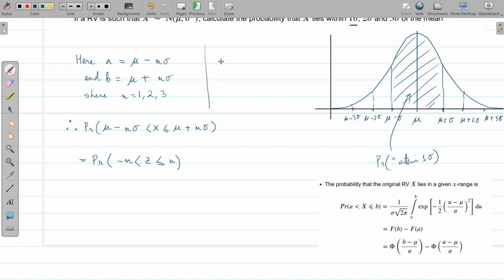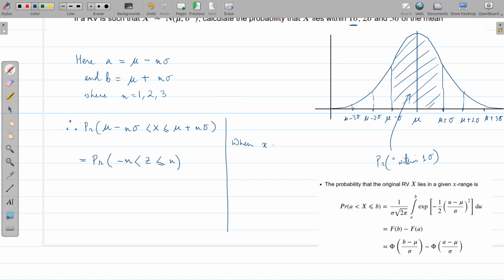How did that happen? Because z was defined as x minus mu divided by sigma. Let me do it a different way.